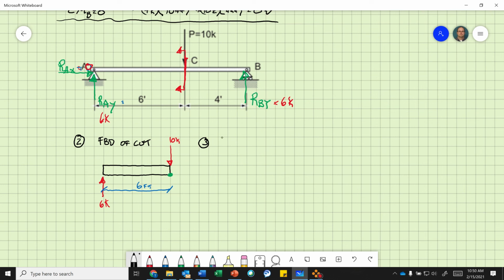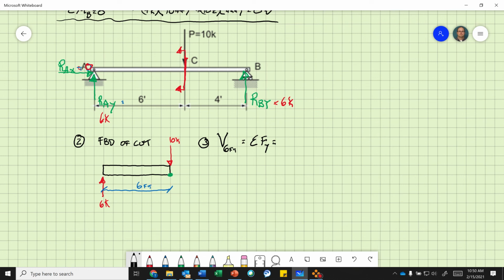Okay, now step 3, find my shear at 6 feet, because that's where I'm cutting it, 6 feet from the left, equals the sum of the forces in the y direction. And remember, now we're in our new sign convention, because I'm looking at my new free body diagram in step 2 there.